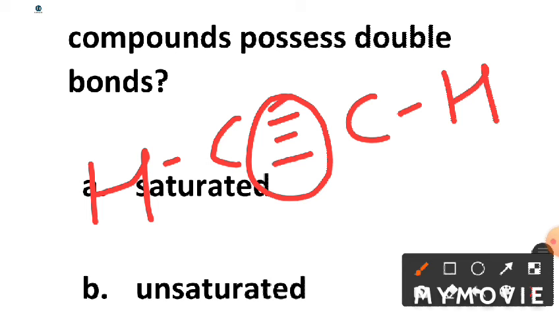So it lies in alkyne, so it is also a kind of unsaturated compound. In this way we easily derive double and triple bonds from the given option.